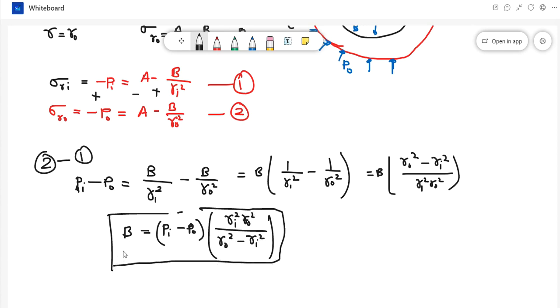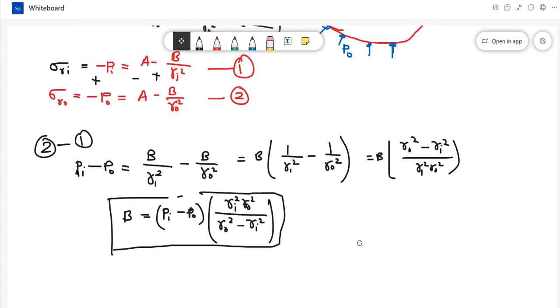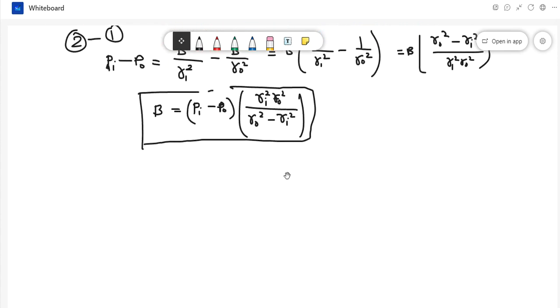Now to get A, to find out A, what we will do, we will multiply equation number 2 by R naught square, and we will multiply equation number 1 by Ri square, and we will subtract it.